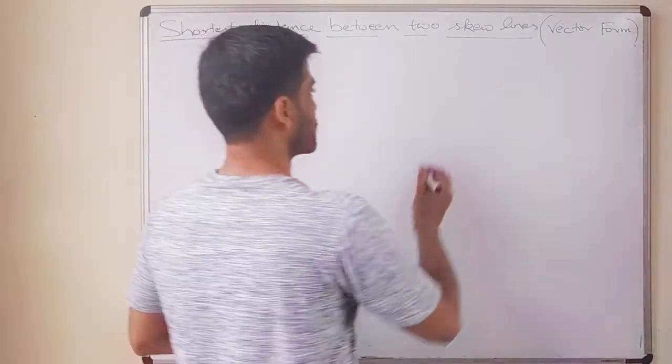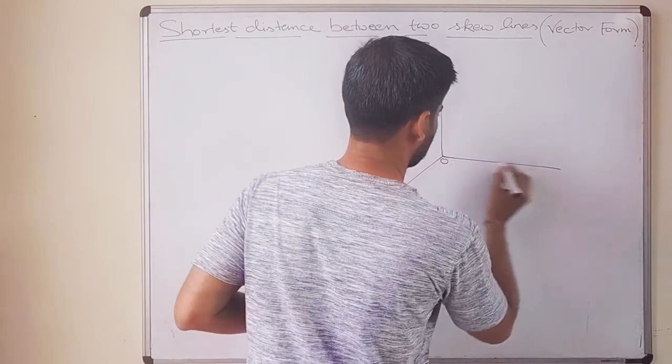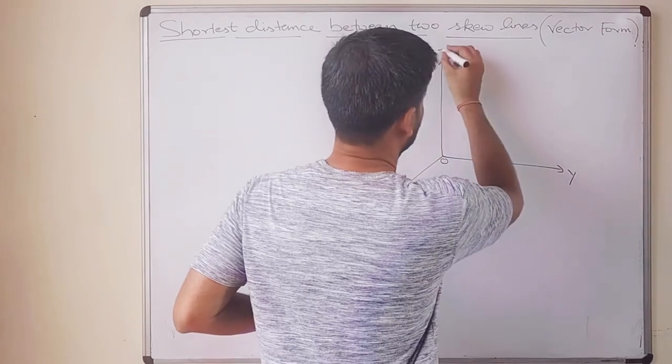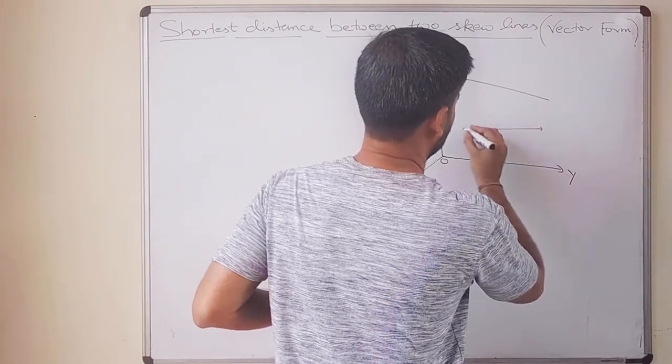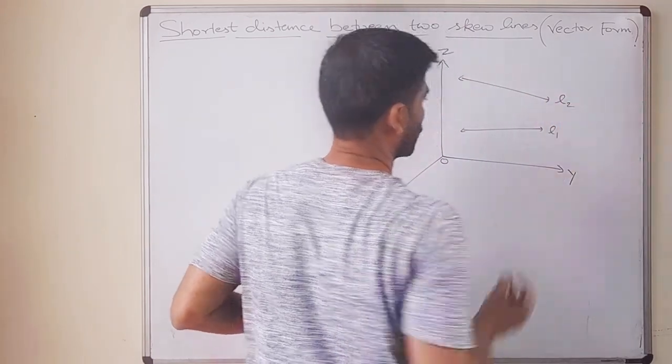Suppose in the coordinate system, in the coordinate axis, I have two lines, line L1 and line L2, like this.